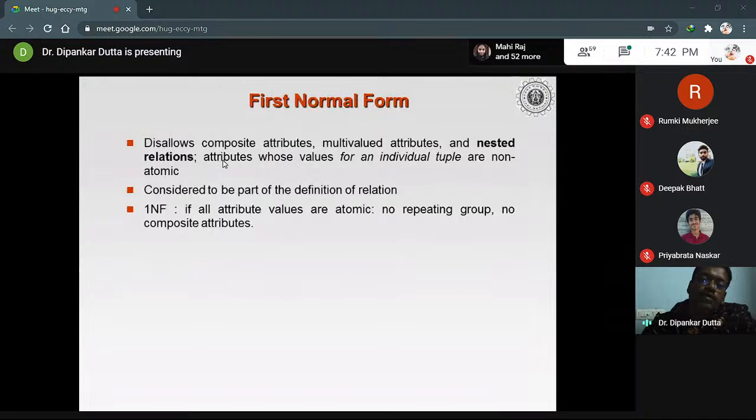Values must be atomic in every cell. Atomic value means a value which we cannot divide further. So if a relation satisfies that, then that relation is in first normal form. If a relation is not satisfying that, then it is not in first normal form.